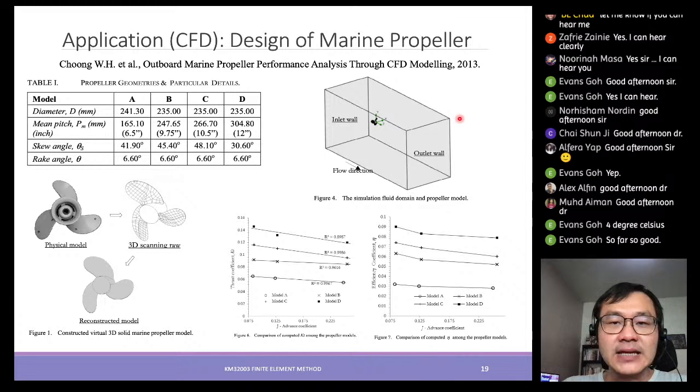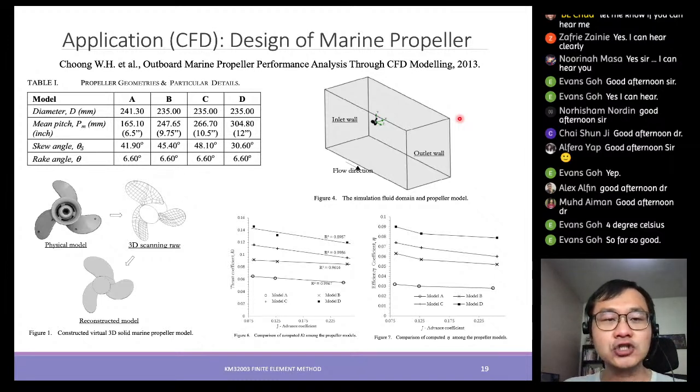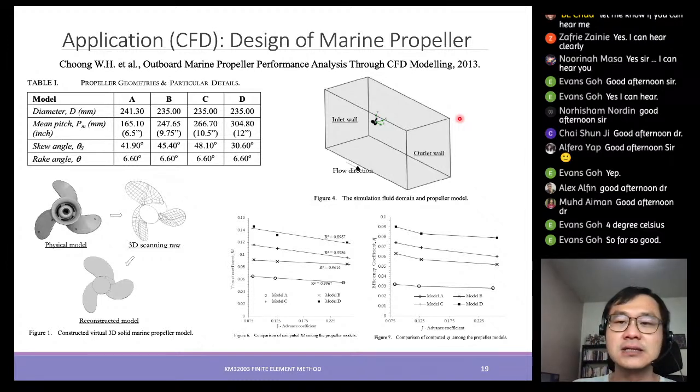So before we end, I will just go through quickly several applications which have been applied by several lecturers. This is published by Dr. Chong. His application is to design a marine propeller. This is a propeller that he intends to have as a physical model.